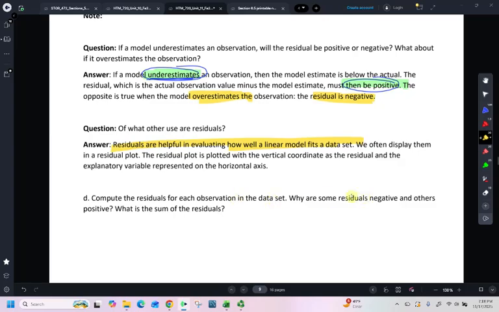And we have discussed why some of those residuals are negative. That will be the case where you have over prediction or overestimation, and others are positive if you have under prediction. We also noted that the sum of the residuals is equal to zero. Very, very near zero.